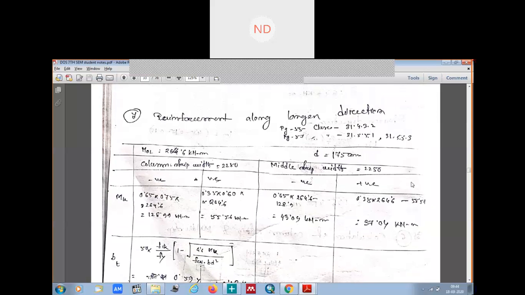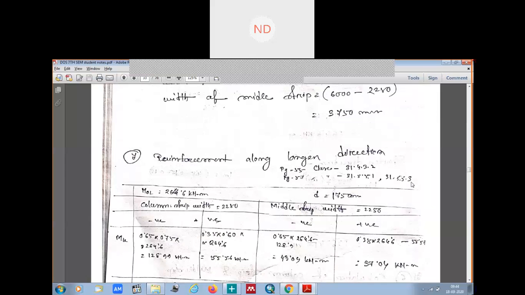Because there are some provisions according to the IS code which we need to follow. To calculate how much percentage of reinforcement you require, for the negative moment you will have to calculate separately, for the positive moment separately, along the column strip separately, along the middle strip separately.